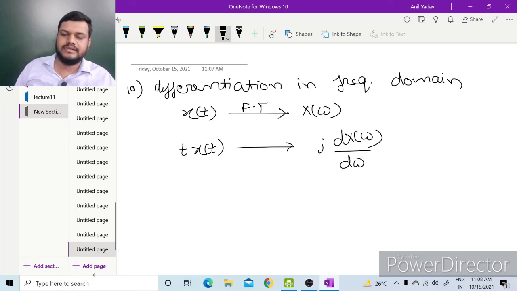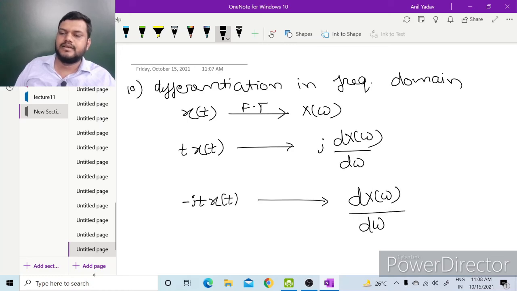Or we can write minus jt x(t) will have Fourier transform dX(omega)/d omega. Means differentiation in frequency domain results in multiplication of minus jt in time domain.